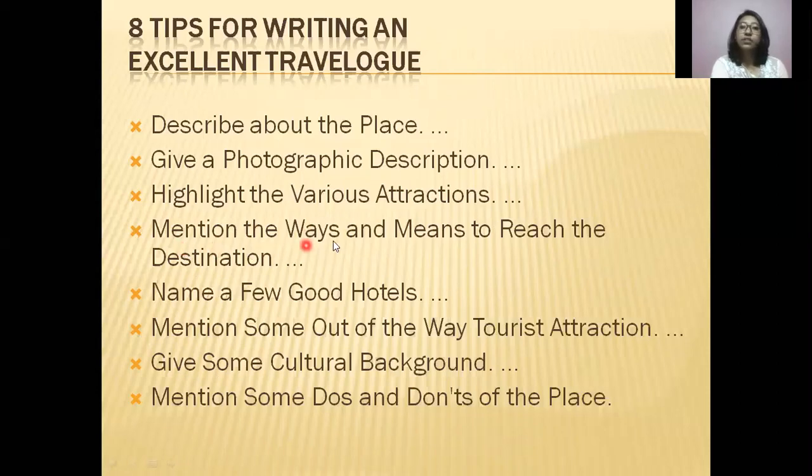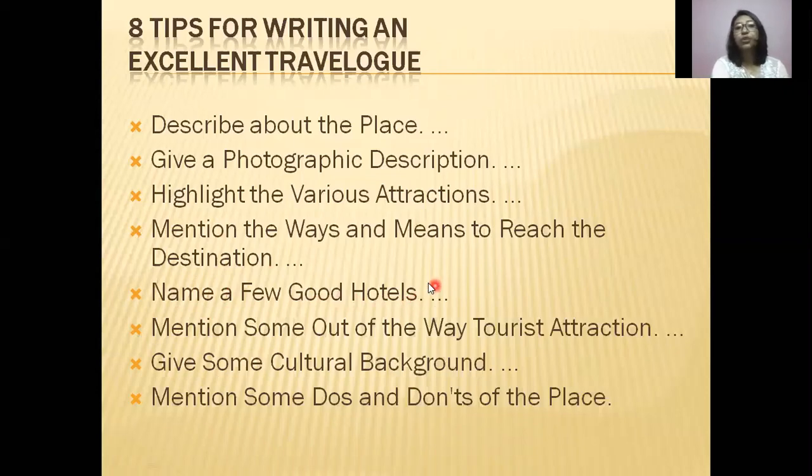Another thing, mention the ways and means to reach the destination. This is for the information of how to reach that place, what are the means of transportation which can take you towards the destination. This is a very important, informative thing for the readers. After that, I have another tip for you, that is name a few good hotels.